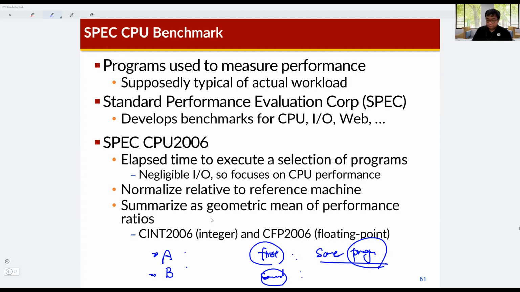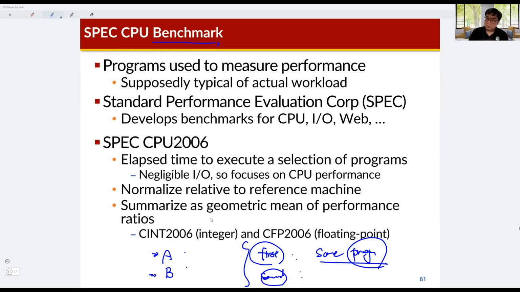For this purpose, we select some applications, and these applications are used for comparing the performance of computer systems. This type of application is called a benchmark, frequently called a benchmark program. We use this benchmark program to compare the performance of different computer systems.